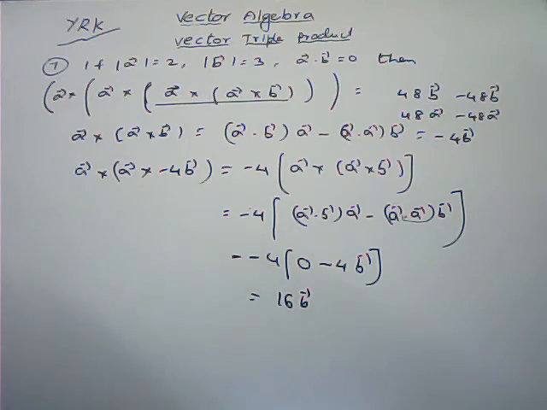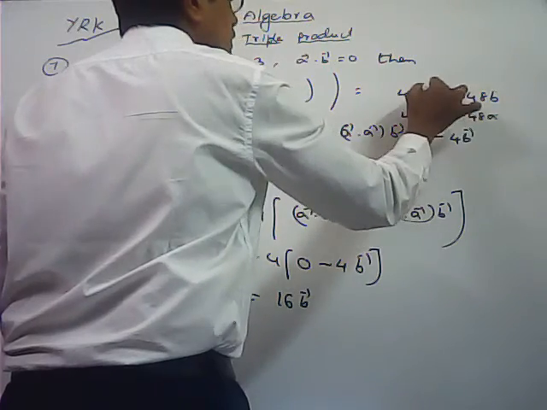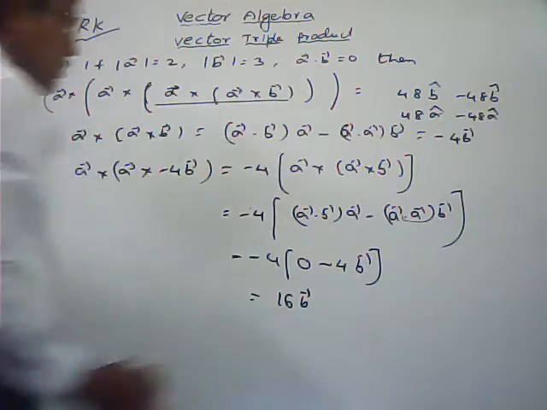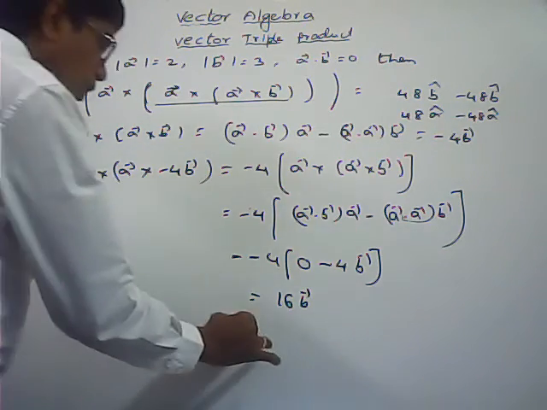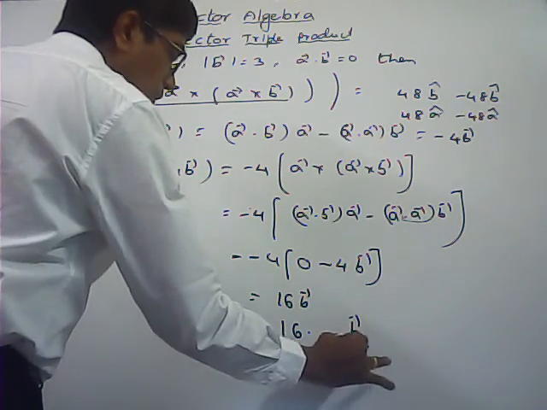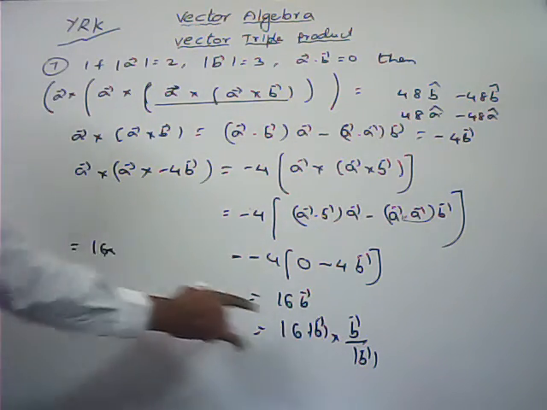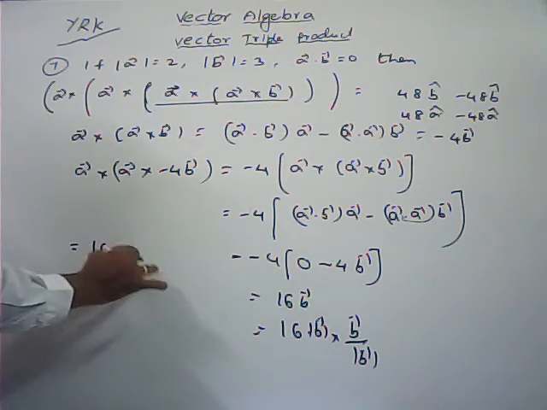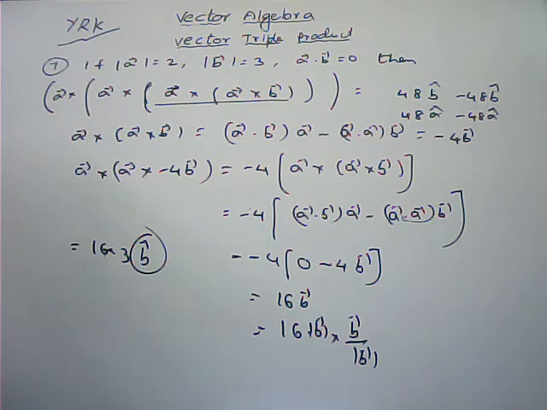But here the options I have written wrongly. These are caps, not bars. Here I got 16 B bar, so how to write that one? 16 into B bar by modulus of B bar, multiplying and dividing with the modulus of B bar, that is equal to 16 into modulus of B bar, that is 3, into B bar by modulus of B bar, that is B cap.